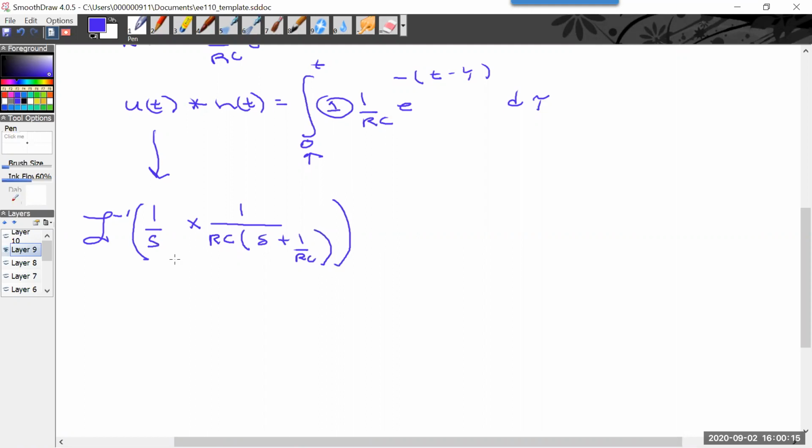This may or may not come up in every integration table, but the one that I use has it.